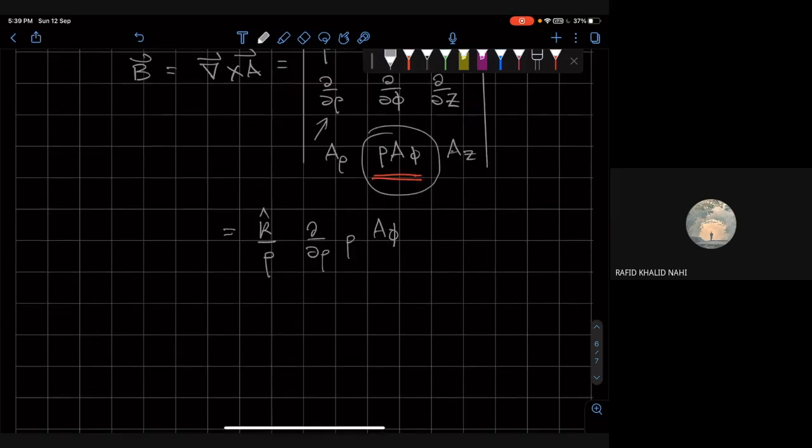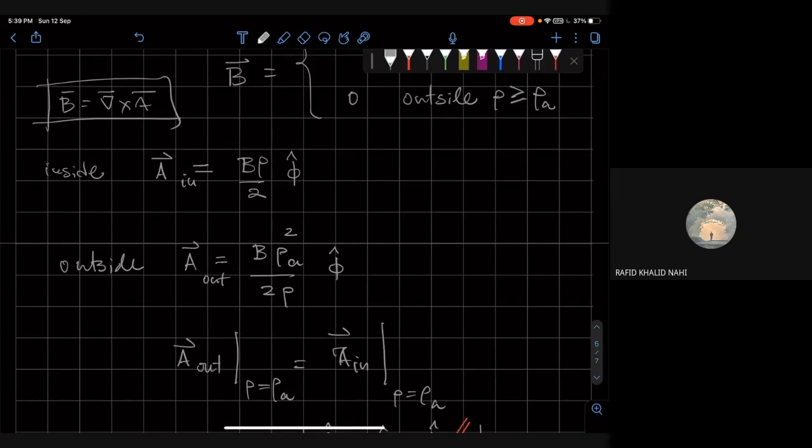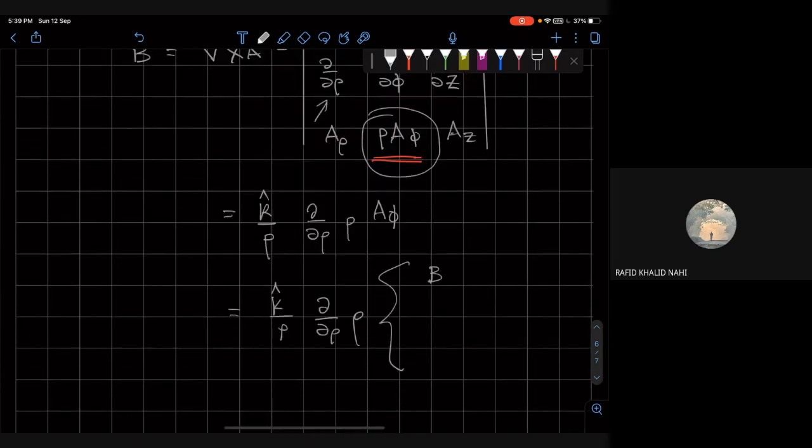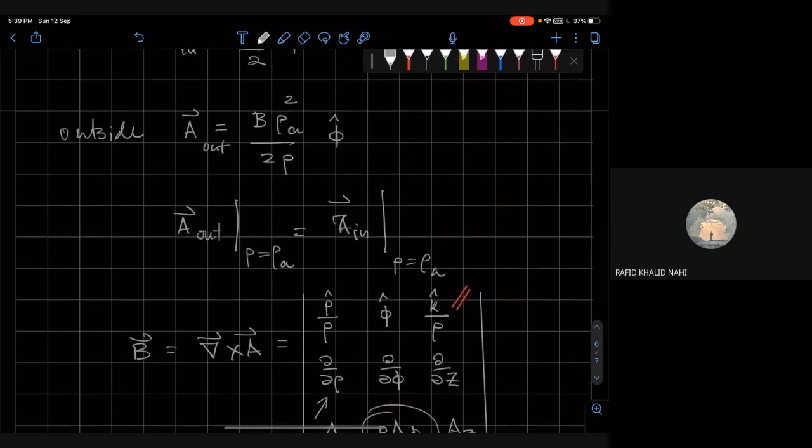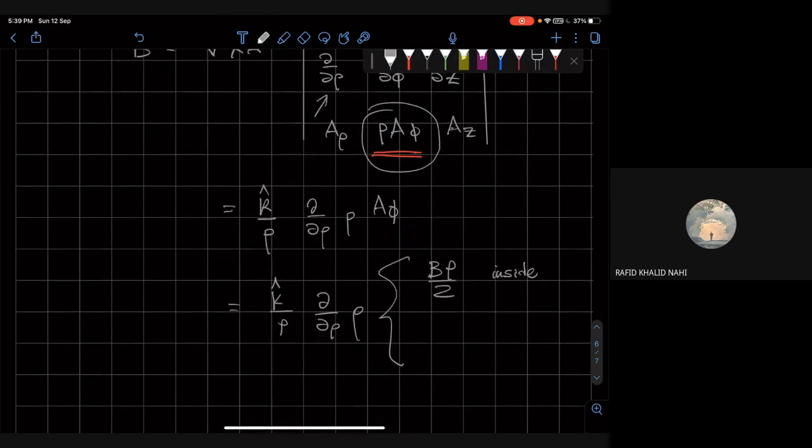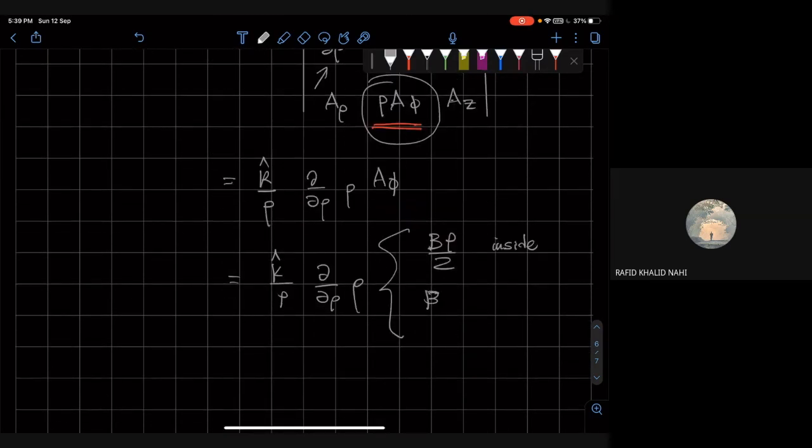Now let's calculate this. We have k hat by rho, d by d rho, then rho. And what is A phi inside? A phi inside is B rho by 2. Outside it's B rho A squared divided by 2 rho.